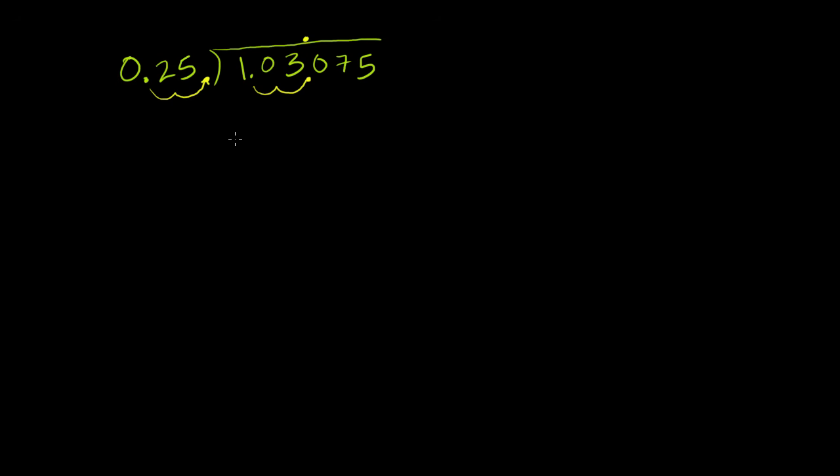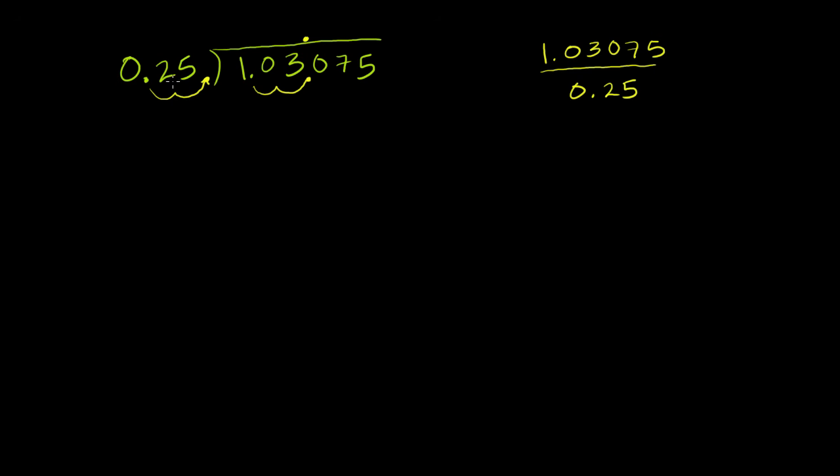And to see why that makes sense, you just have to realize that this division problem is the exact same thing as having 1.03075 divided by 0.25.